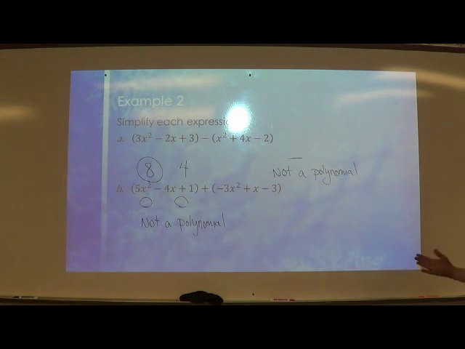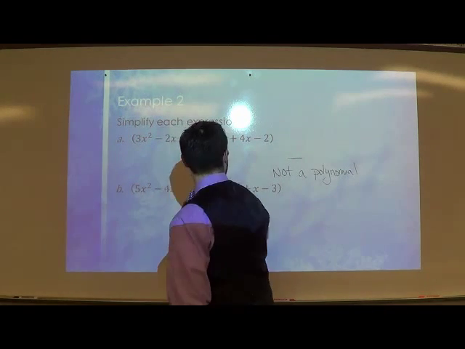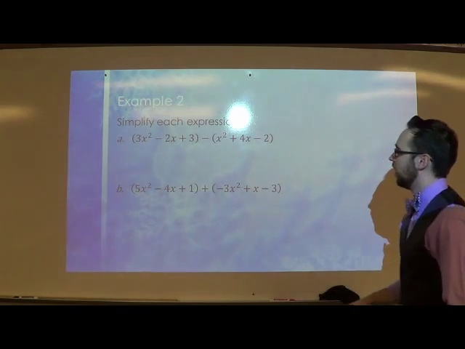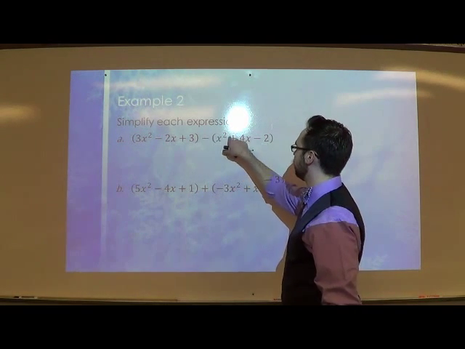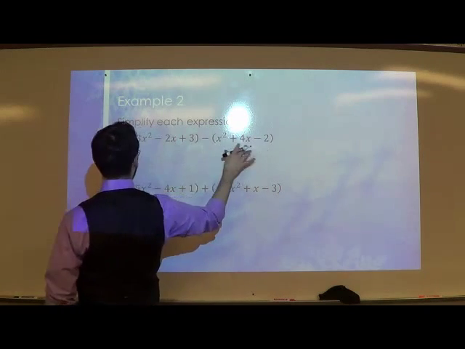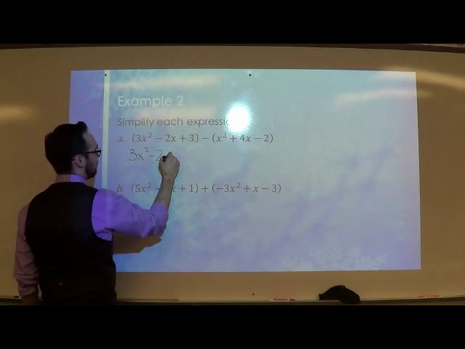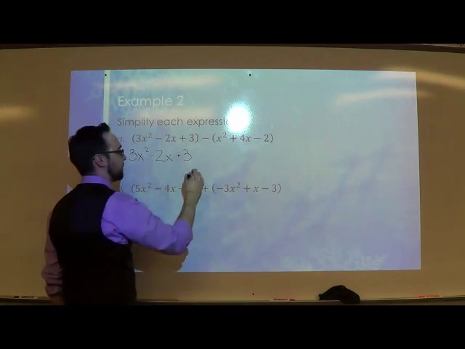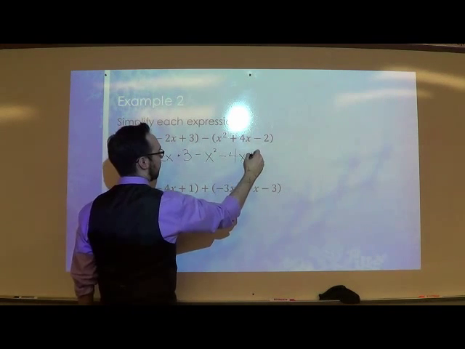So taking a look at this one, now they're asking us to add or subtract these. All we want to do is combine like terms. With subtracting, I'm going to distribute the negative to everything. So I'm going to rewrite all of this. We're going to have 3x squared minus 2x plus 3 minus x squared minus 4x plus 2.